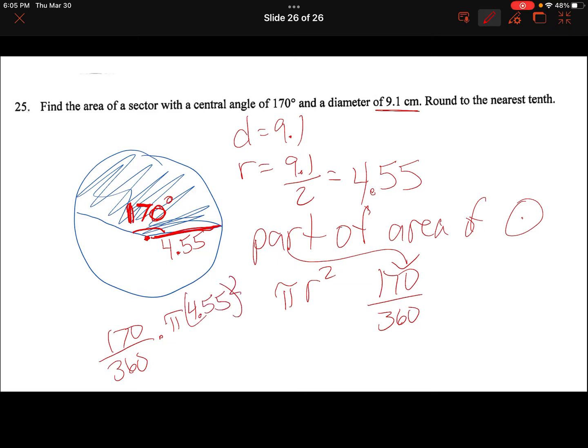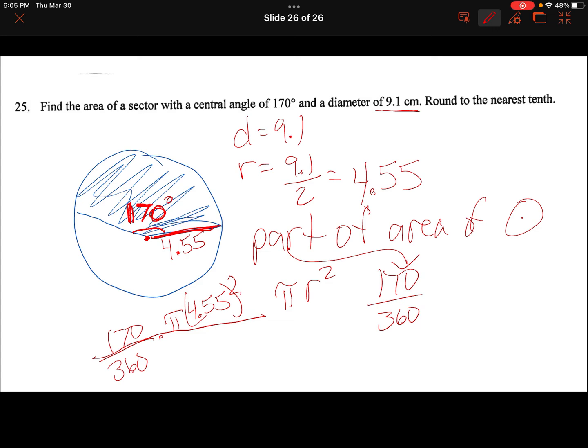I do believe you can type all of this in at the same time. So 4.55 times 4.55 times pi, which is approximately 3.141592, times 170. That's what we have on top. We'll hit equals there. And then divide that by the 360, and we should have our final answer.